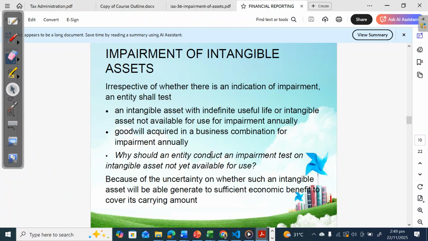So you have to be sure each year whether what you are saying is true or not. That is why the standard says you have to test for impairment of such assets every year. Because if you say the asset has indefinite useful life, you mean that this asset can provide us benefits in perpetuity. So every year you have to test whether this assertion is true or not. That is why intangible assets with indefinite useful life are tested for impairment every period.